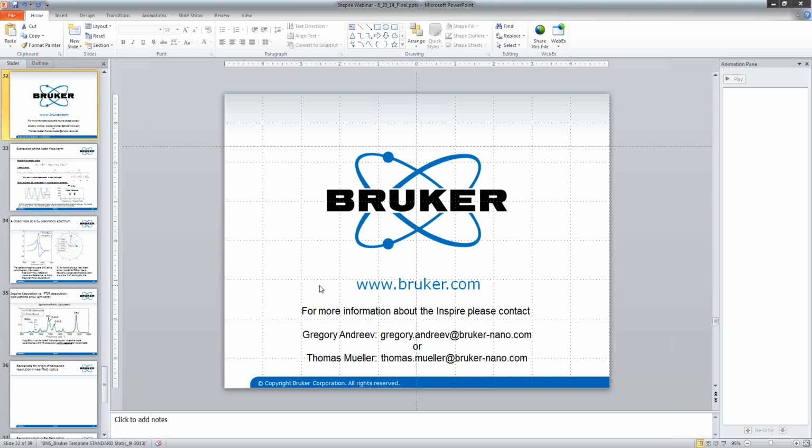Another question somebody's asking: how does SPIR affect the scan rate? How does it compare with your regular AFM scan rate? I think in one of your last slides you made reference to that. Oh yeah, that's a great question. So the scan rate is only affected if you would like to perform reflection and absorption imaging at the same time. That will reduce the scan rate by a factor of 2 relative to what you would be doing normally on your AFM.